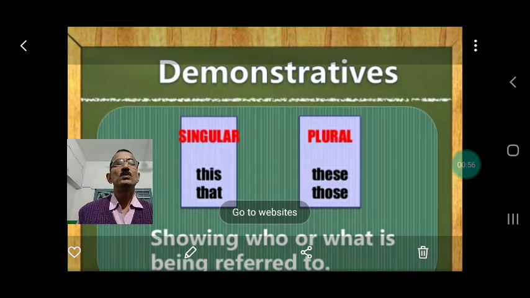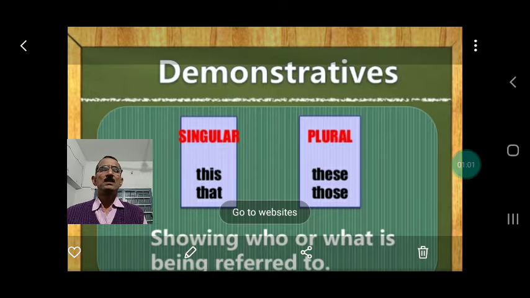As I told you about demonstrative determiners, these are the determiners that are used for both singular and plural nouns. If the nouns are singular, in that case we can use this or that. Means if the thing is at a distance, you can use that, or if the thing is very near, very close to you, we can use this.